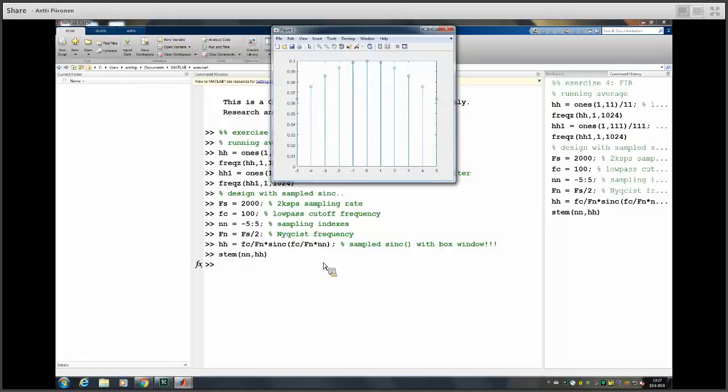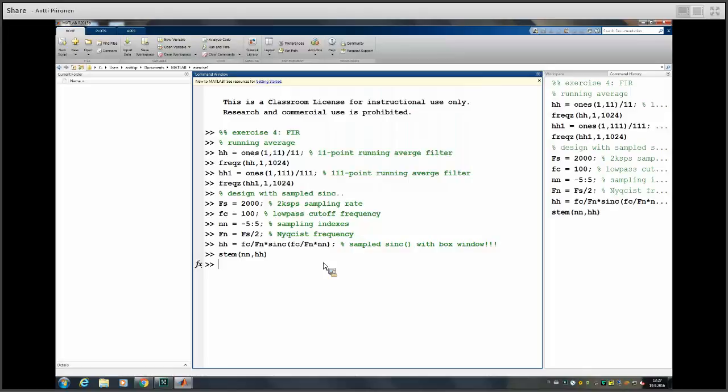Okay. That's 11 terms. It's kind of a bell-shaped curve. And then we can actually take a look at what it looks like here, with the sampling rate.